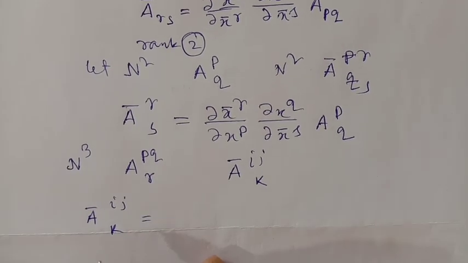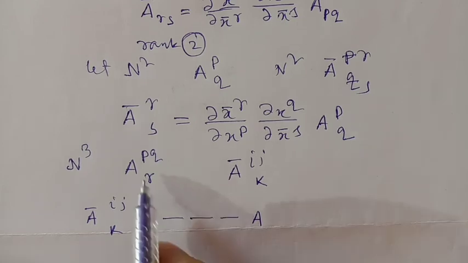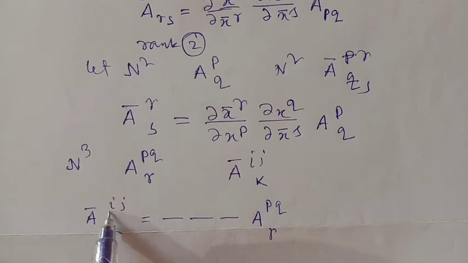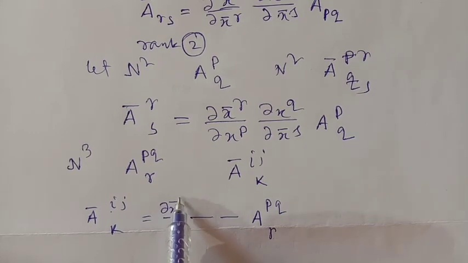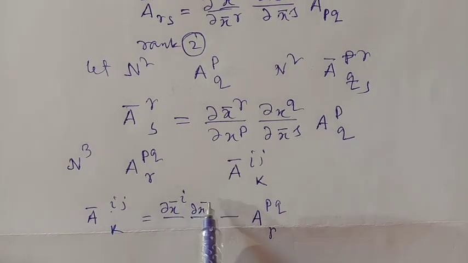How to write it or remember it? You give 3 places for i, j, k. Then you write A^{pq}_r. Then there are 2 contravariant components, so ∂x̄^i, another ∂x̄^j.